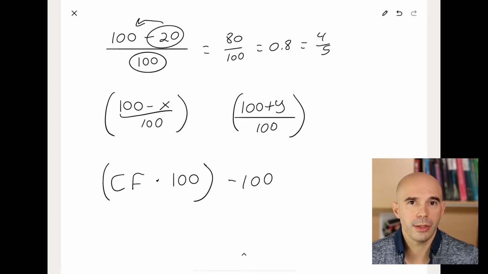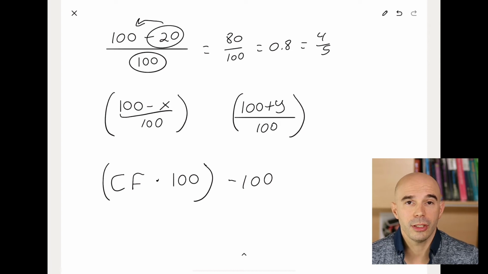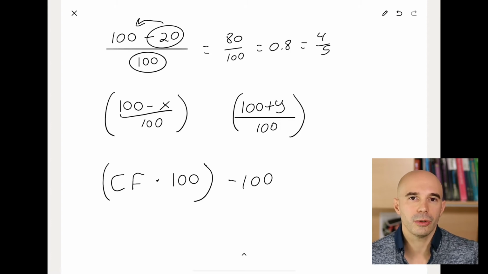So we're going to need these tools as we go back to those original questions. Those GMAT questions have variables for their percent changes, and that's part of what makes them so hard. But if we know how to translate from a percent change to a change factor and vice versa, then we can use everything we just talked about with these change factors to solve those questions.